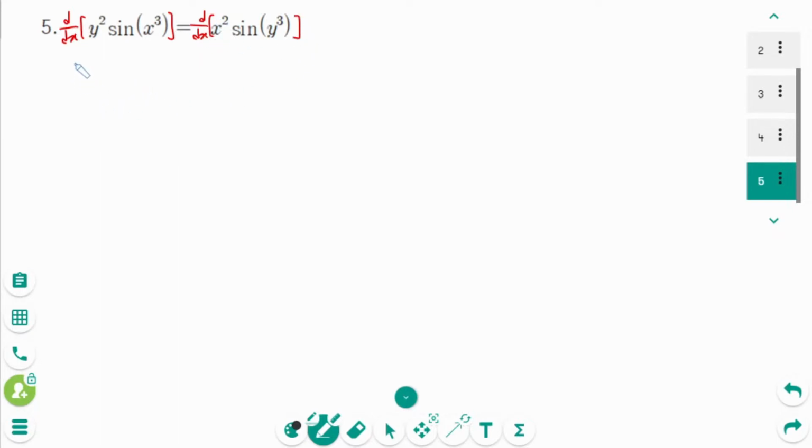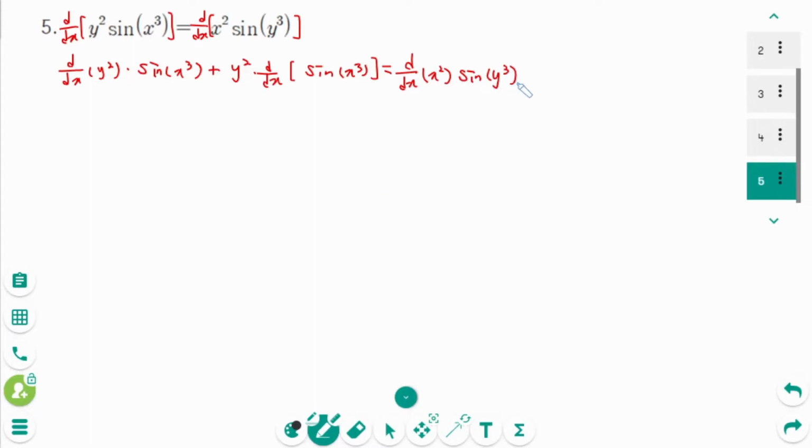Then we can rewrite as d/dx of y squared times sine x cubed, plus, keep the first one, times d/dx of sine x cubed, equals, using the product rule again, d/dx of x squared times sine y cubed plus x squared times d/dx of sine y cubed.